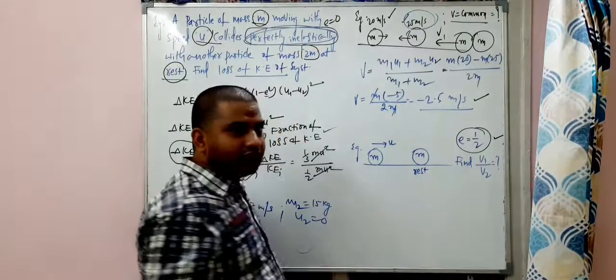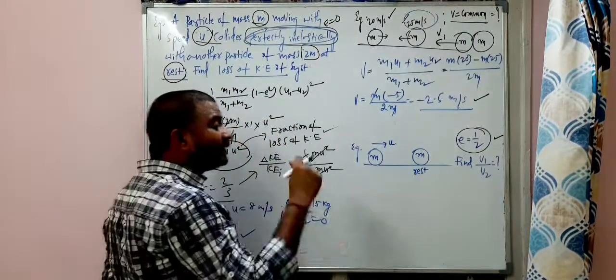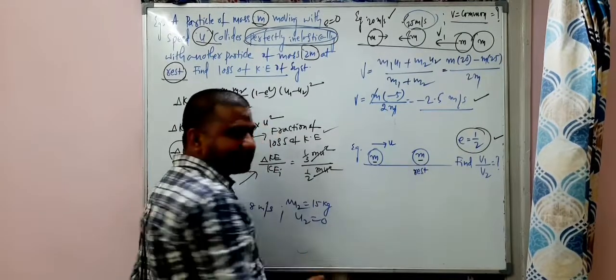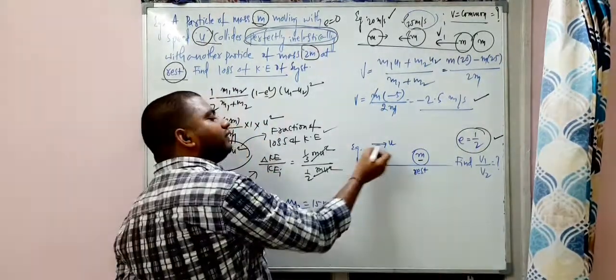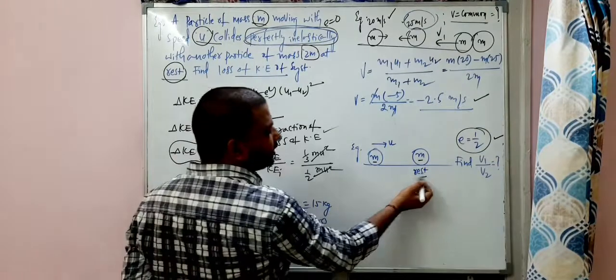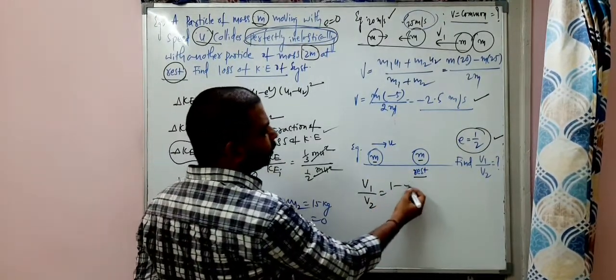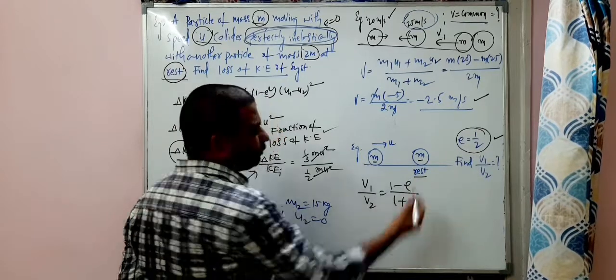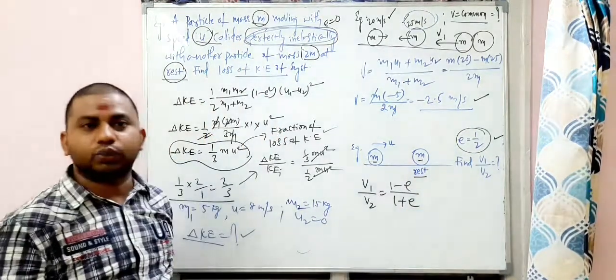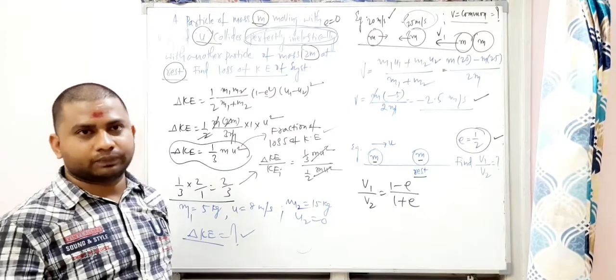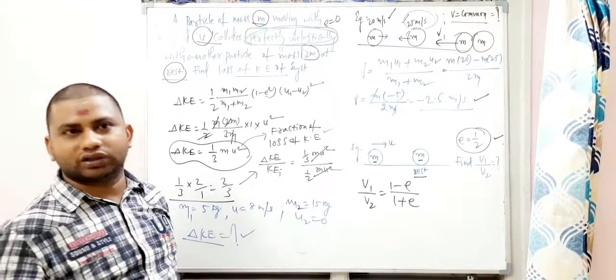In this case you should remember, I hope you remember, so 2 identical masses are there. One is moving with initial velocity u, the other one is at rest. In this case we derived v1 by v2 is equal to 1 minus e by 1 plus e. You need a lot of practice to understand and to recollect all these formulas.